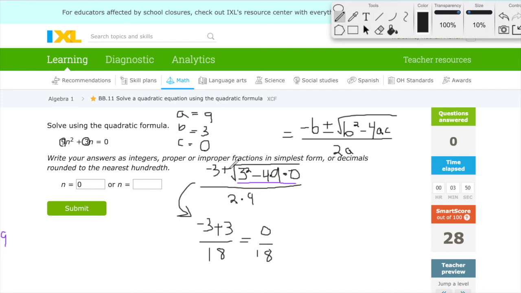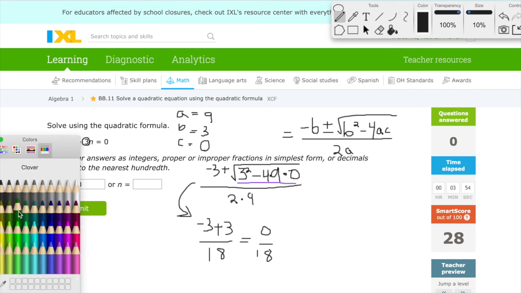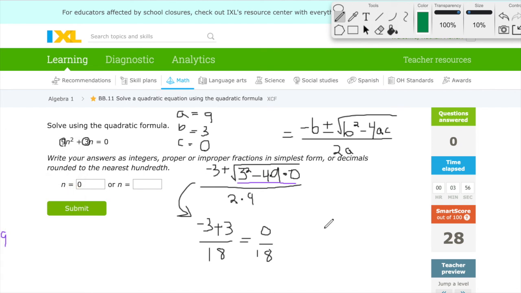We also know that we need to do the subtraction version. Let's switch colors for that so you can see it's something different. The only difference is we're going to jump in right here and change this plus to a minus. So negative 3 minus 3 instead of plus, over 18.